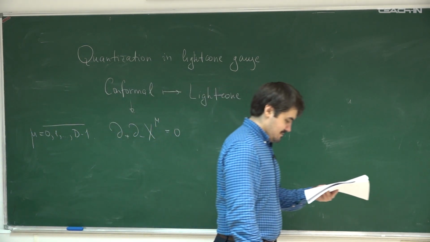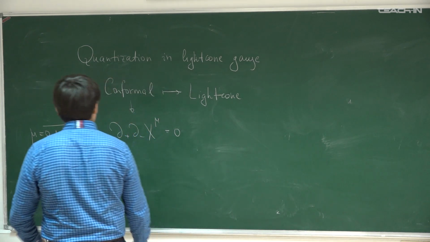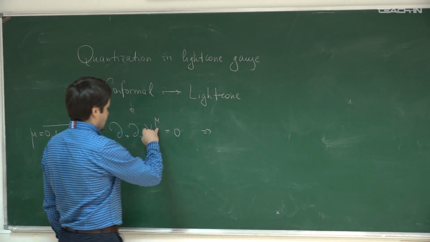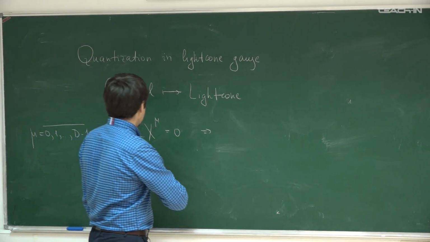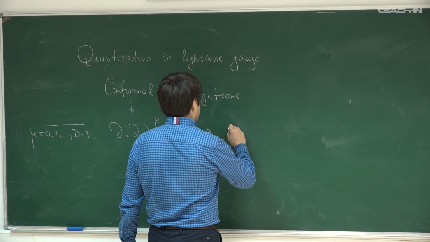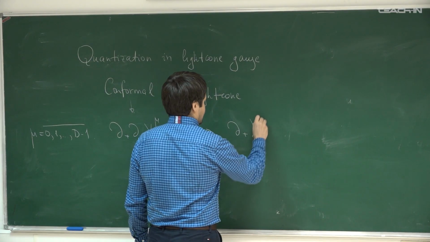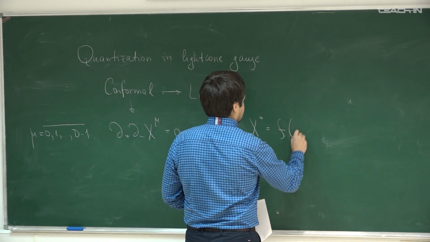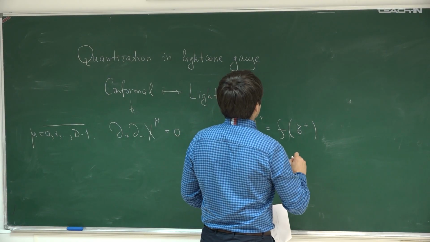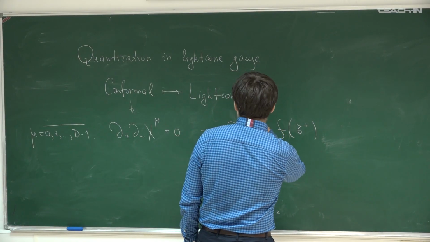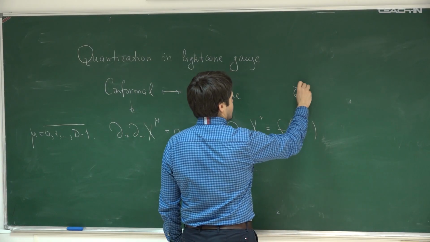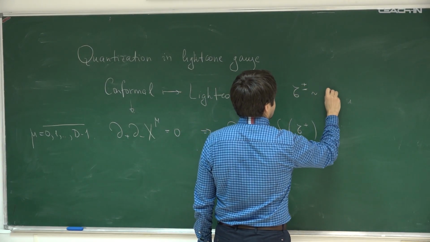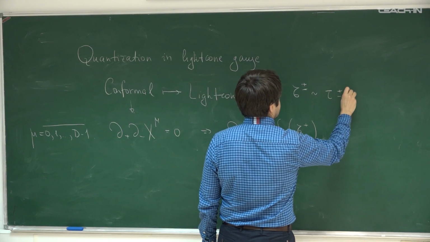Now we'll look at x plus. That means that d plus x plus equals f of sigma plus. Here sigma plus minus are worldsheet light cone coordinates, proportional to tau plus minus sigma.